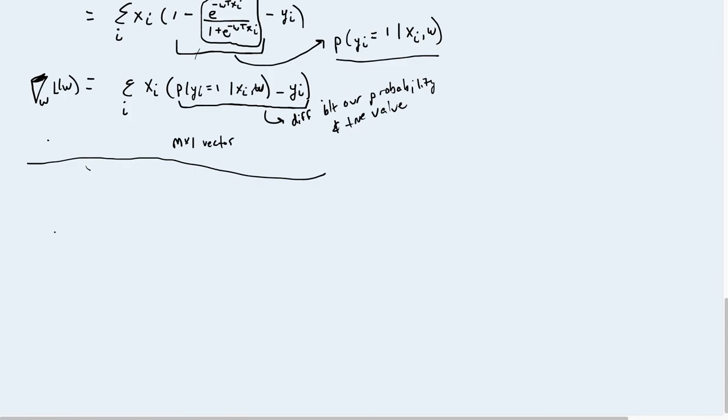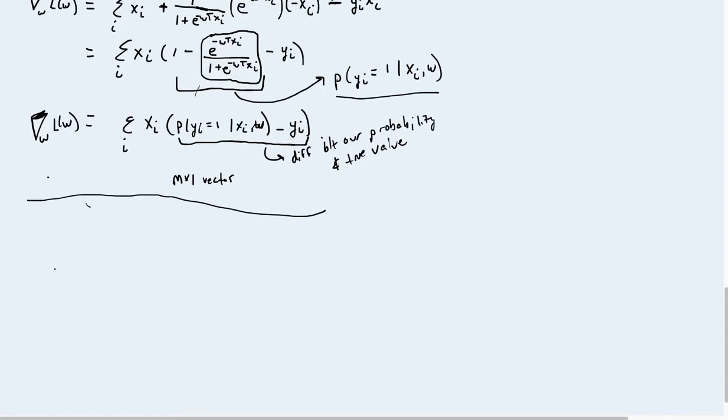So what that allows us to do is, well, first let's notice that if we set this to 0, there's no closed form for w. Like in linear regression, when we set it to 0, we could get an easy closed form for w by taking some matrix inverses, but in here there's no closed form because the logistic sigmoid function makes things difficult.